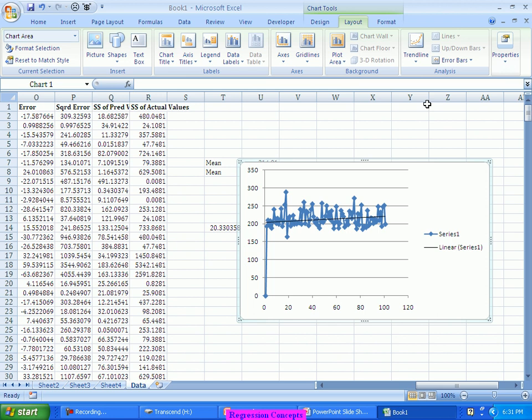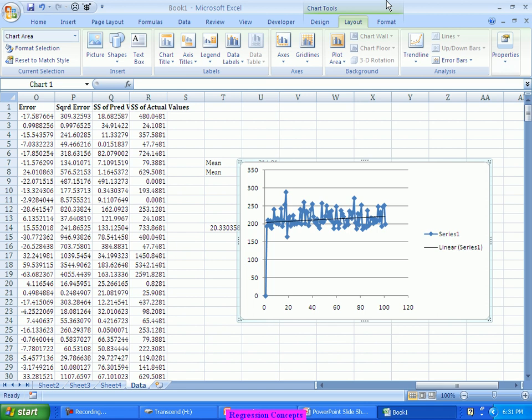Out of all possible lines, multiple lines are possible here. Some of them join some points, some of them may not. So out of all the possible lines, which one is the best? What do we mean by best?